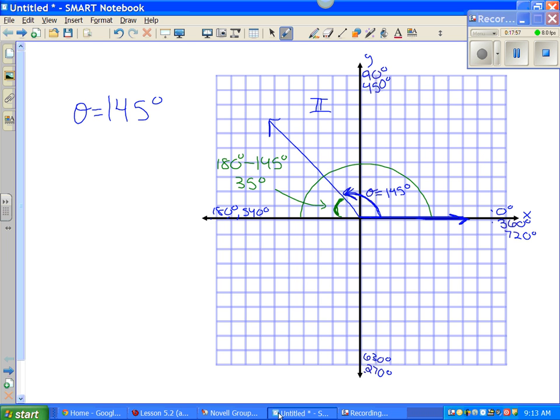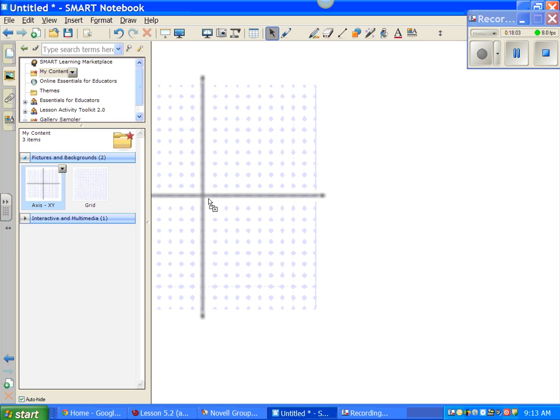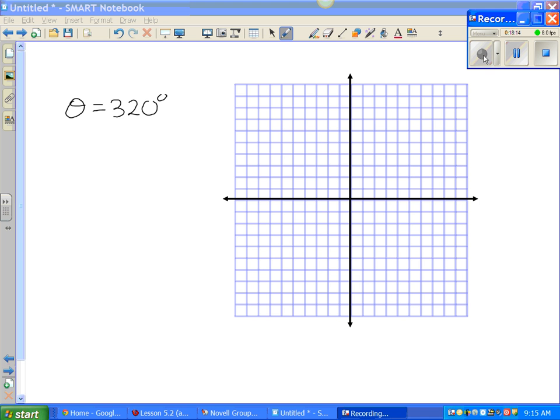All right, so what's the next one? 320. Go ahead and see if you can draw the rotation diagram and state the quadrant in which the terminal ray lies. So 320 degrees. Again, we're starting in what position?